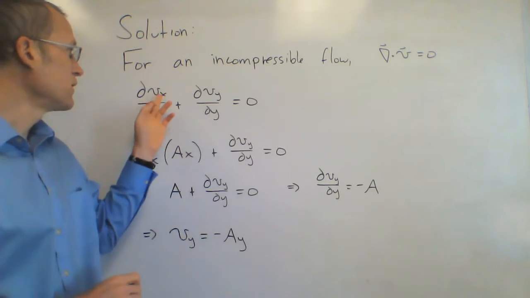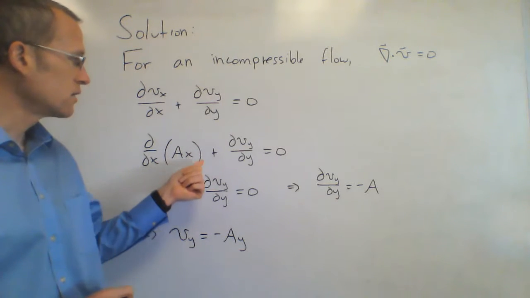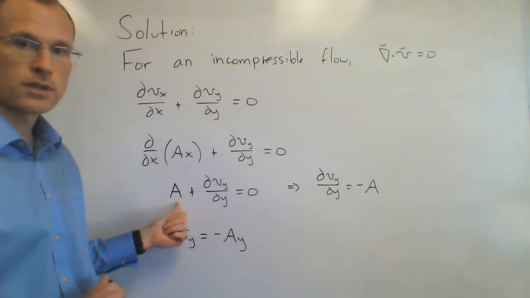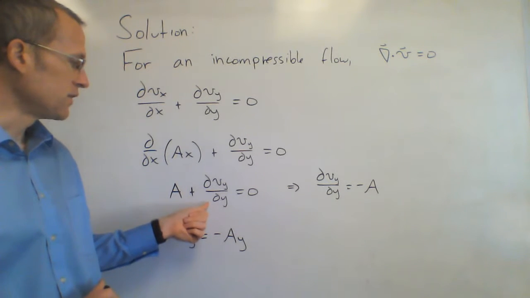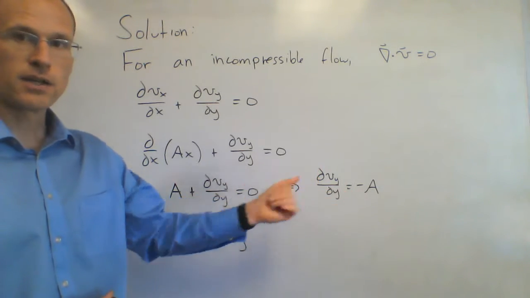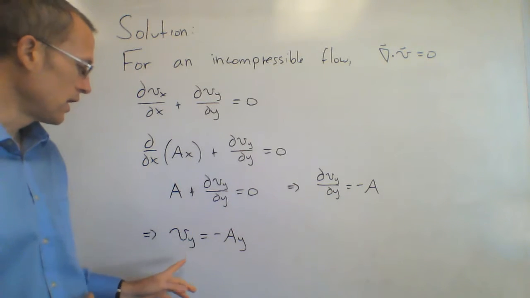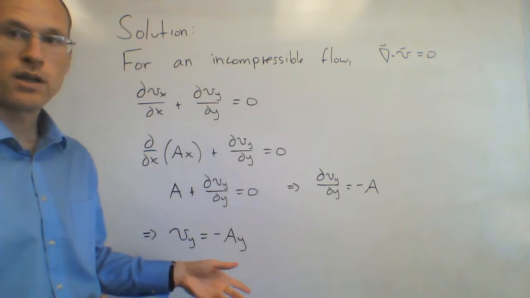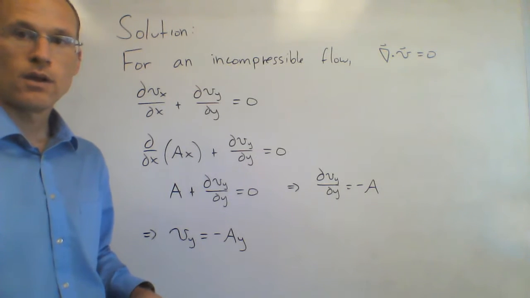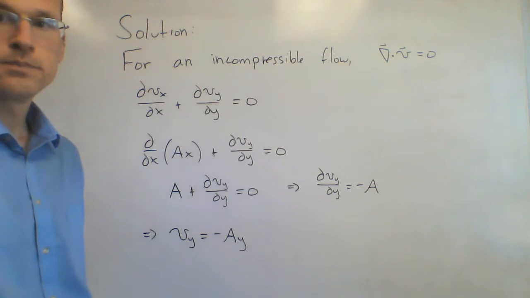I know vx is a times x, where a is a constant, so the x derivative of ax is just a, plus dvy/dy is 0. Rearranging, dvy/dy has to be negative a. Now we just integrate that, and I get that vy is negative a times y, and that is one possible velocity component in the y direction for this to be incompressible.